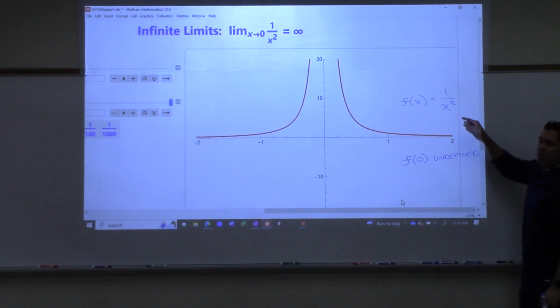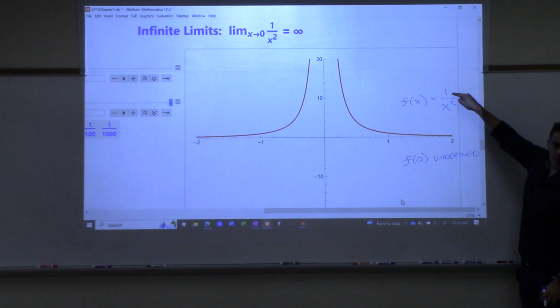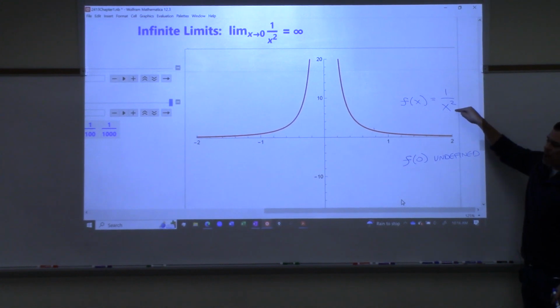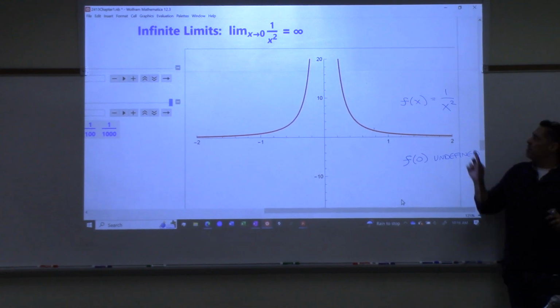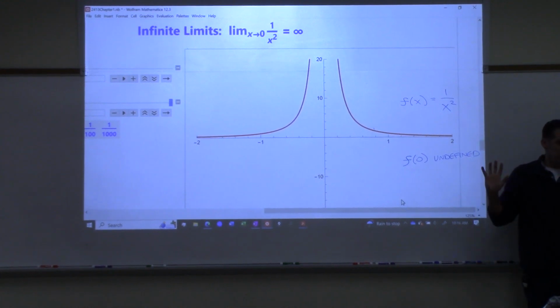What would happen if you plug in 0? What is on top? 1. On the bottom, 0. 1 over 0. What did I tell you is bad algebra? 0 over 0, right? I have not talked about what happens when you get 1 over 0, have I? It's only been 0 over 0.